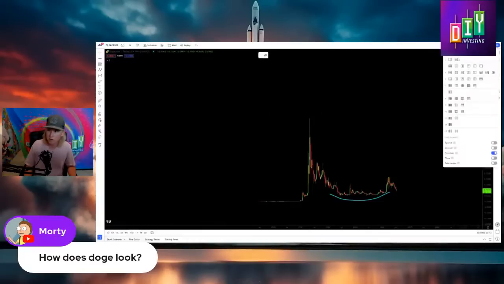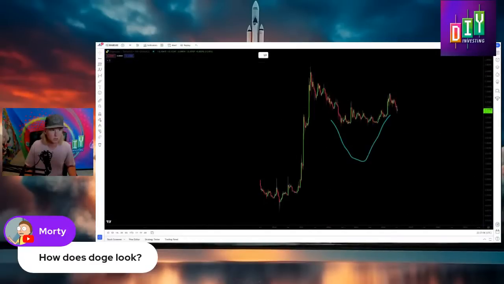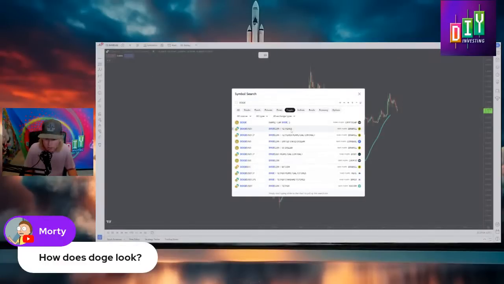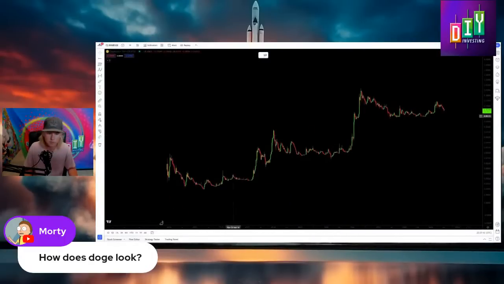If we zoom out and look at Dogecoin on the long term, oops, wrong one. Oh, it doesn't have the whole price history. If we look at the whole price history of Dogecoin, though, right here, it looks just like that 2017 cycle, in my opinion, or even the last cycle over here. All very similar.